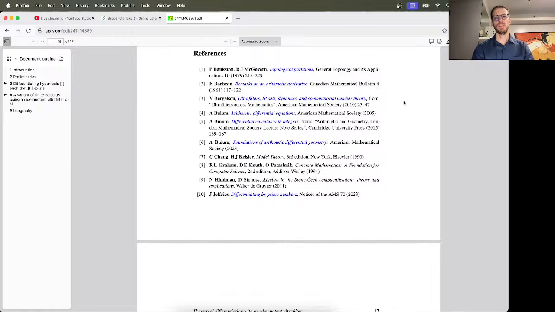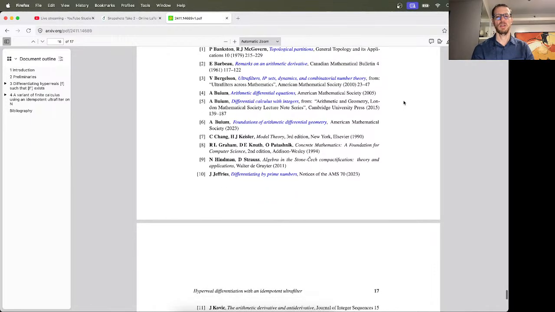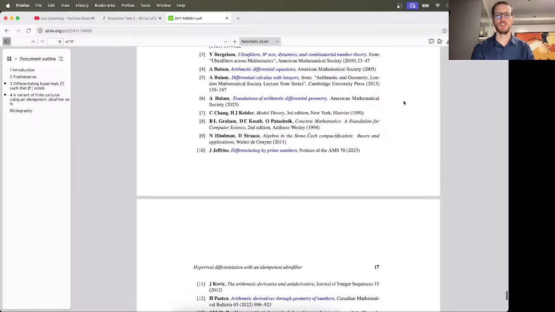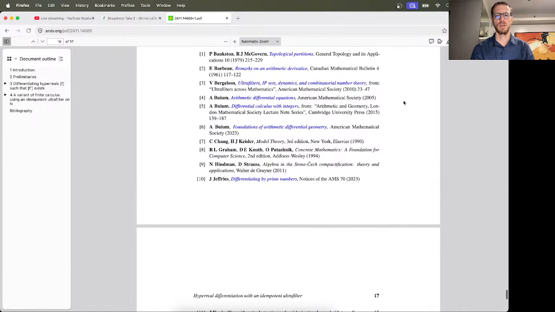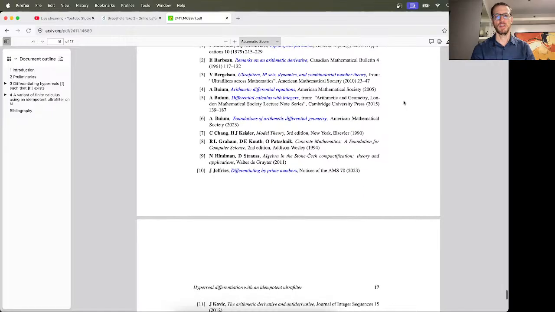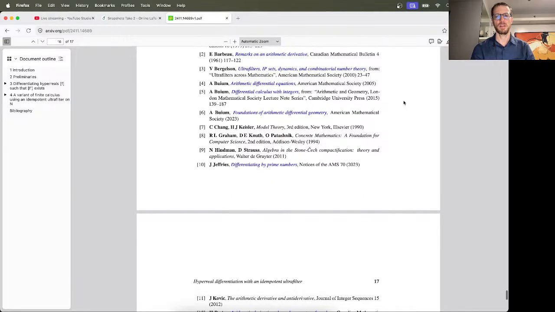Ultrafilters, IP sets, etc., irrelevant. Arithmetic differential equations, irrelevant. Differential calculus with integers, irrelevant. Foundations of arithmetic differential geometry, irrelevant. Model theory, concrete mathematics. Is there a reason to cite concrete mathematics? No, not really. Algebra in the Stone-Čech compactification, irrelevant. Differentiating by prime numbers, irrelevant.